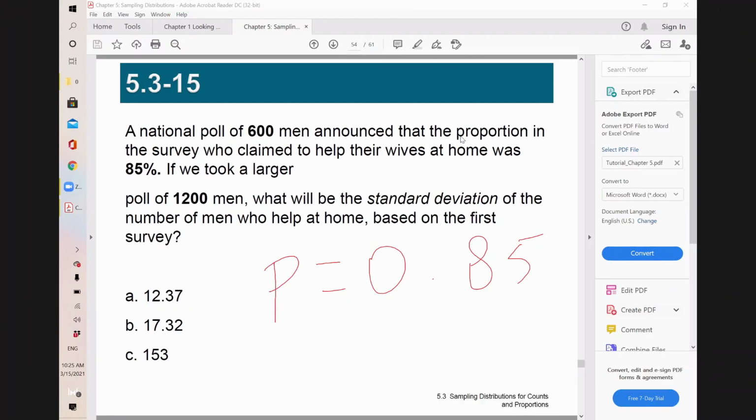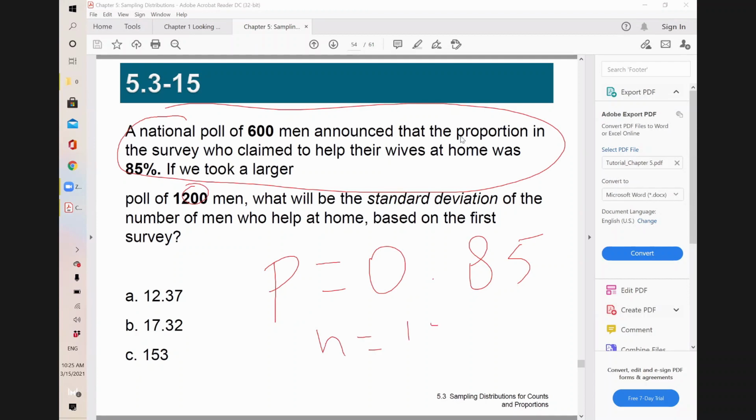And we request the standard deviation of the number of men who help at home based on the first survey, the first experiment. We have the probability of success, the probability of men who help their wives at home. Then P is equal to 0.85, and here he requests the standard deviation when N is equal to 1,200.